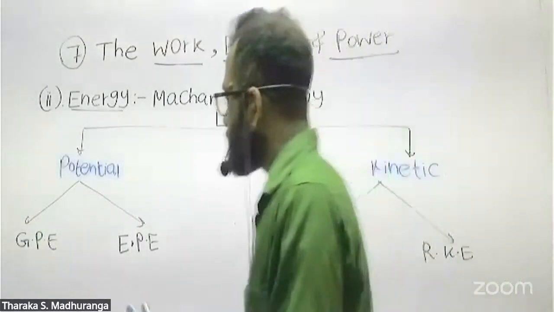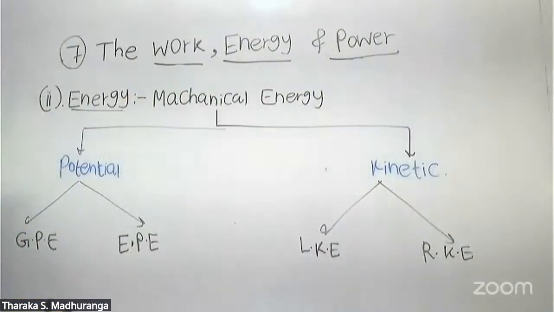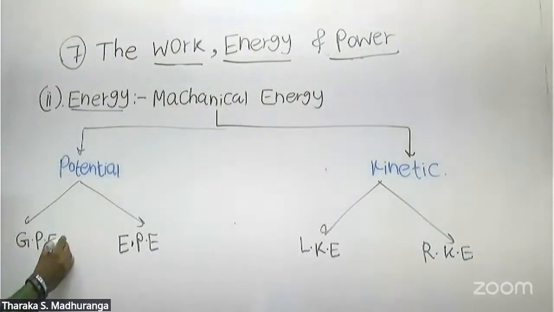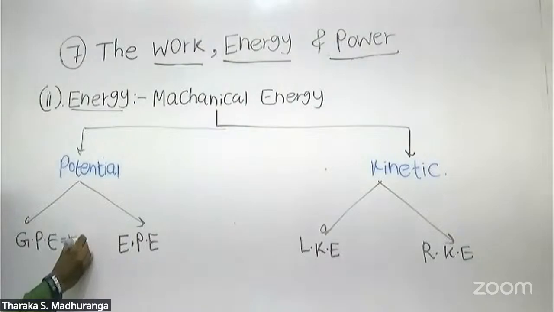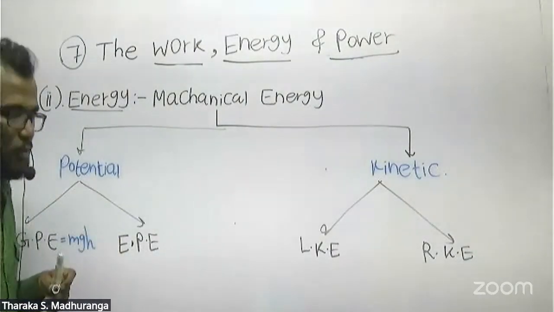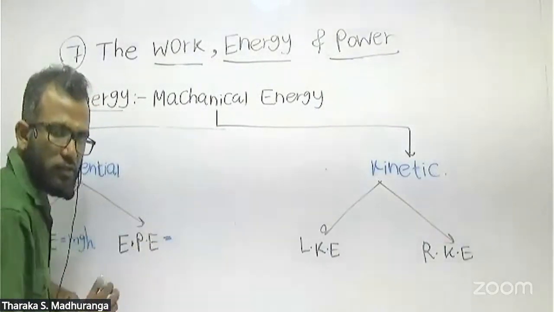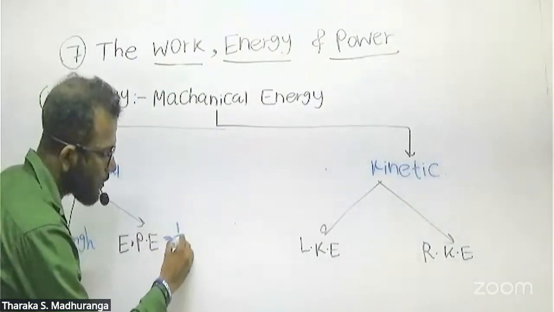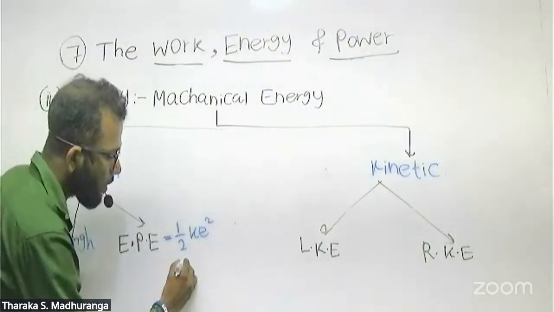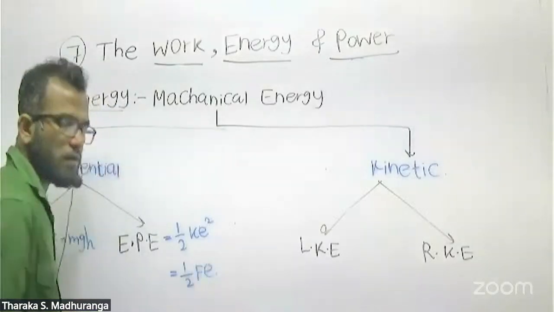Now you can prepare a short note for your understanding. The gravitational potential energy, what is the equation? mgh. Elastic potential energy, what is the equation? We have two equations, no? Half ke squared, or half fe.